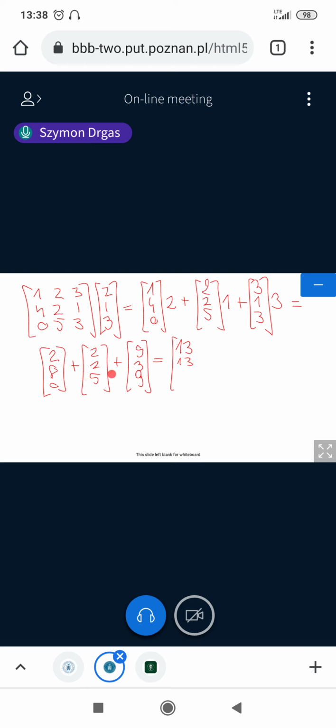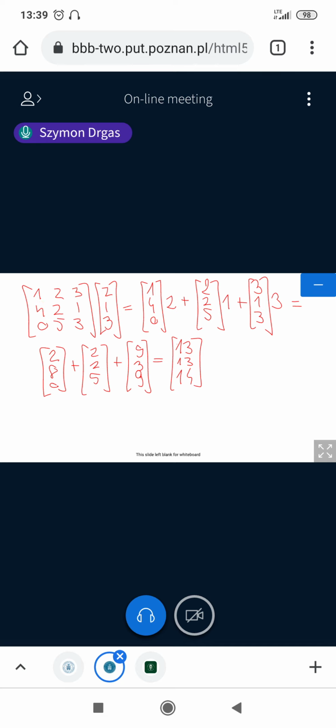And 5 plus 9 is 14. Okay, so please try to remember that this is a linear combination.